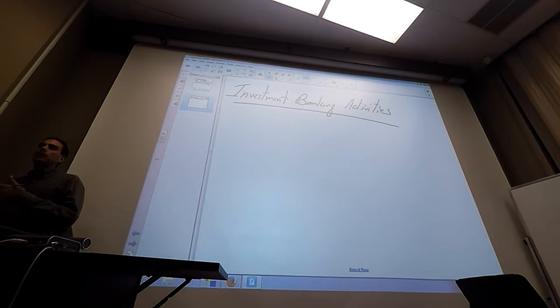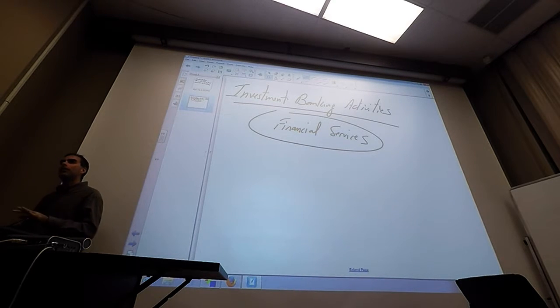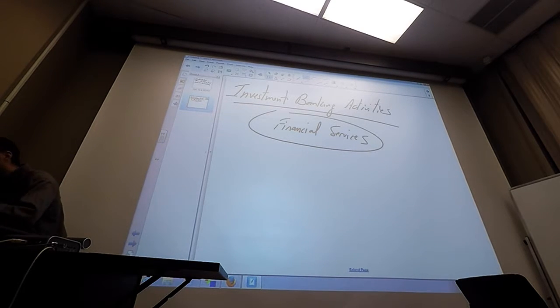There's a lot of different ways you can categorize financial activities. We might call it, first of all, financial services, which is the vaguest, broadest term for all these different financial activities. And then under financial services, you got a couple other things.